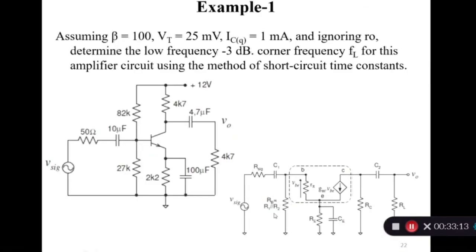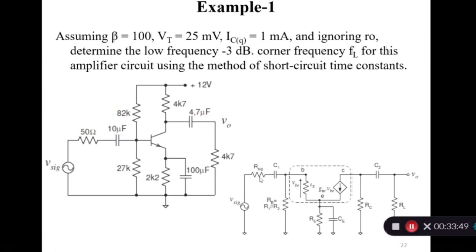So you have to calculate the resistance looking from C1, the resistance looking from C2, and the resistance looking from C3, using that formula which we derived just now with the help of beta plus 1. To calculate the resistance looking from C1, it is RB in series with RC.